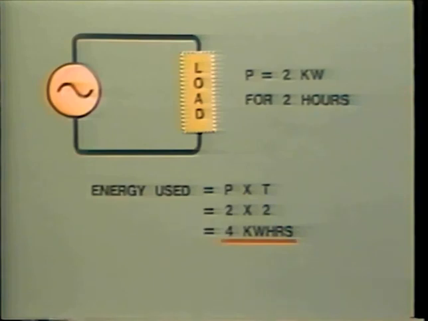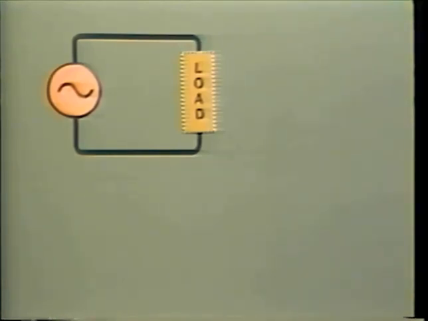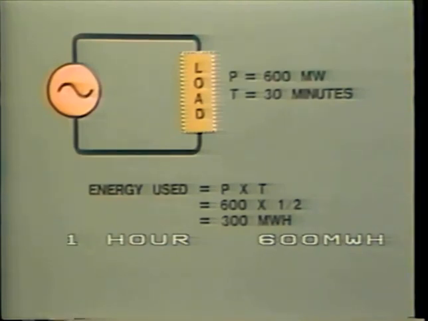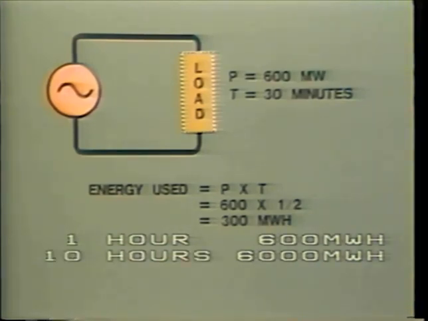Electric utility companies usually bill their customers in terms of the energy used, that is in kilowatt hours. Let us consider a generator supplying 600 megawatts to the system. After 30 minutes, this generator has provided 300 megawatt hours. After 1 hour, it has provided 600 megawatt hours, and after 10 hours, it has supplied 6,000 megawatt hours.